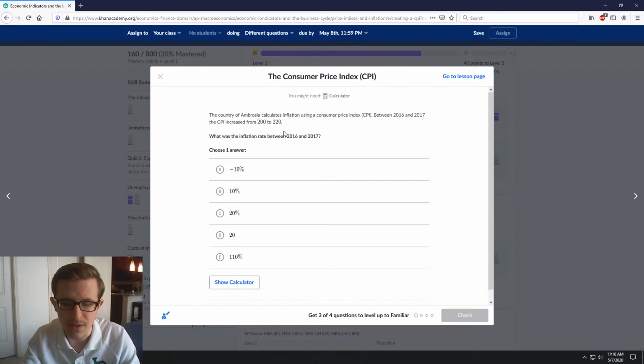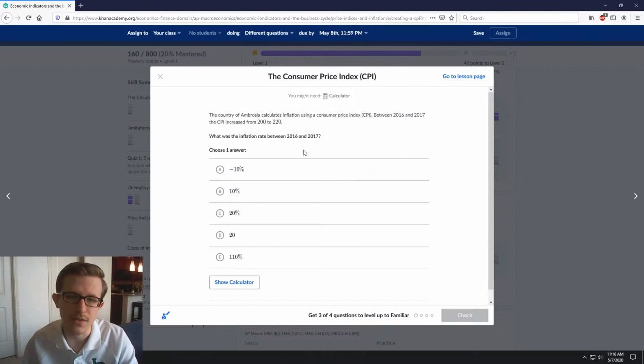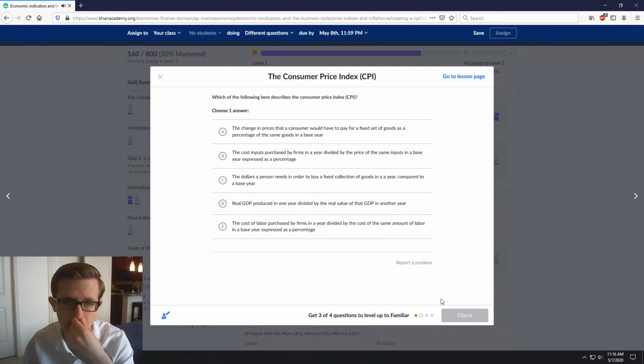So in this case, it'd be 220 divided by 200. And it would end up being a 10% change there, because the difference between them ends up being a 10% difference, so it'd be a 10% inflation rate.